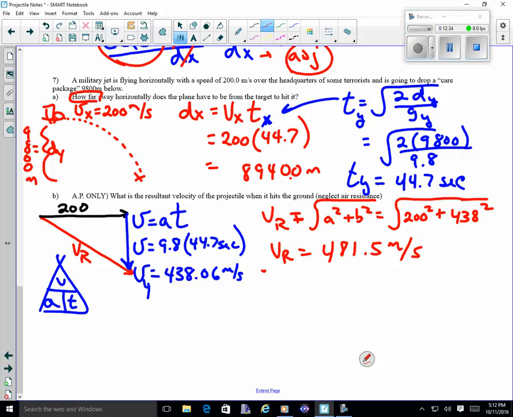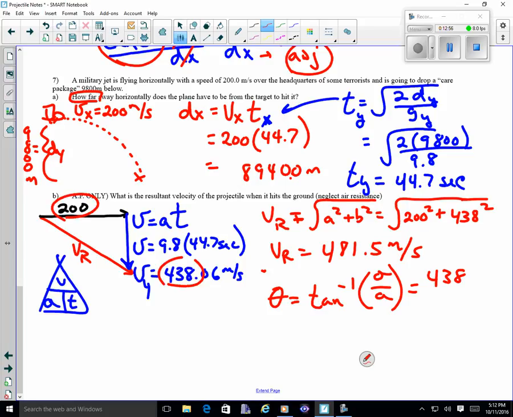But you've got to remember, that's not all. Velocity vectors also have angles. So the angle is the inverse tan. Remember, it's opposite over adjacent. Your opposite side is your y side, so that's going to be the 438. Here's your opposite side over here. Your adjacent side is going to be this 200.